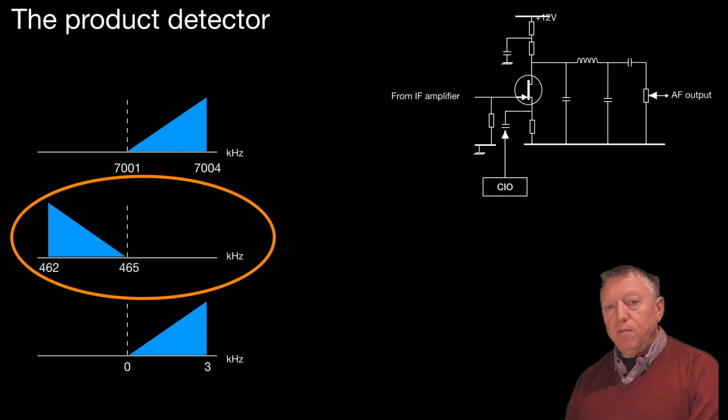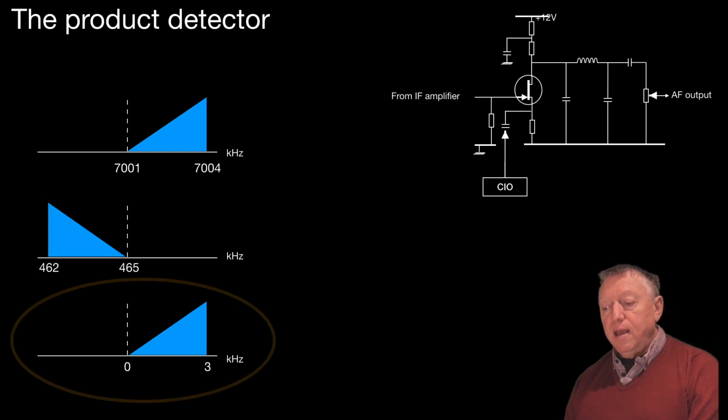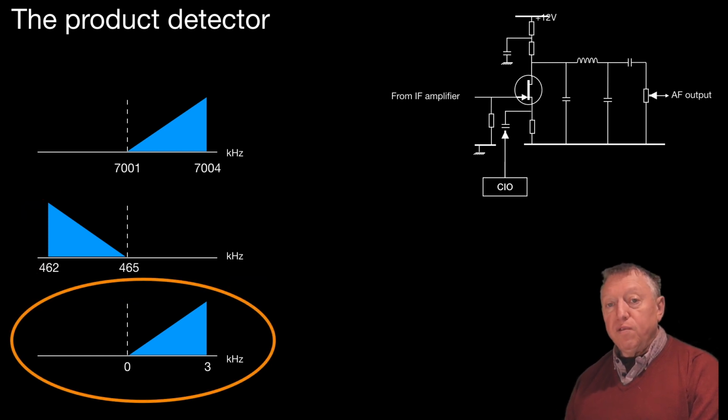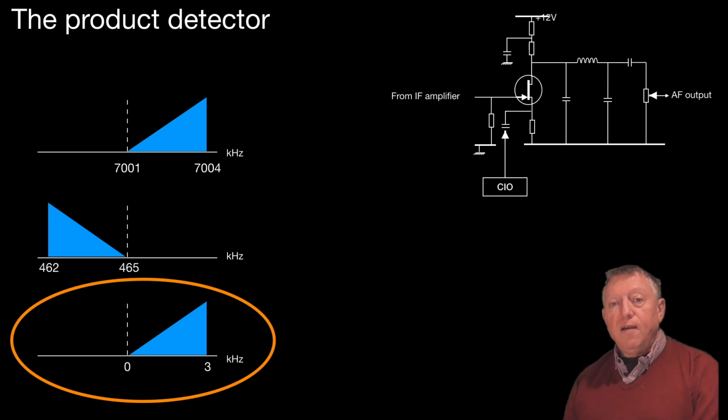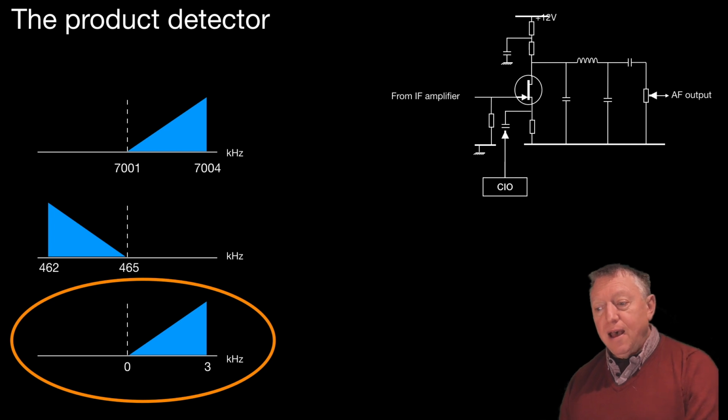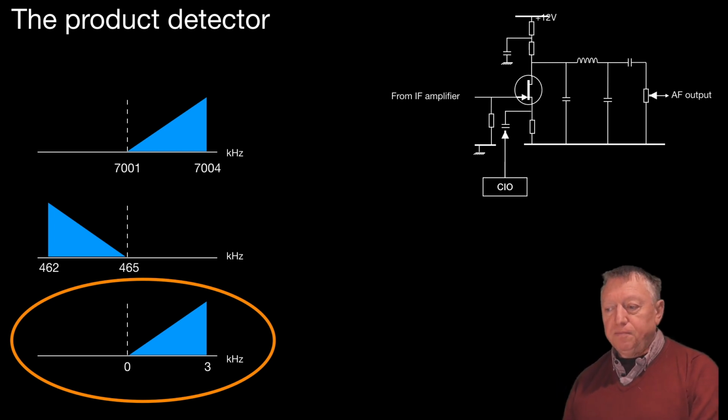It was mixed again with 465 kilohertz, and it produced an audio output of 0 to 3 kilohertz. And in this symbolic representation of sidebands, I've used the same method as in the RSGB book Advance, and ignored the small gap from 0 to 3 kilohertz.